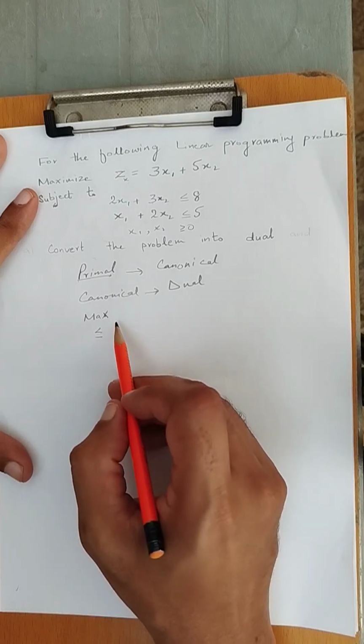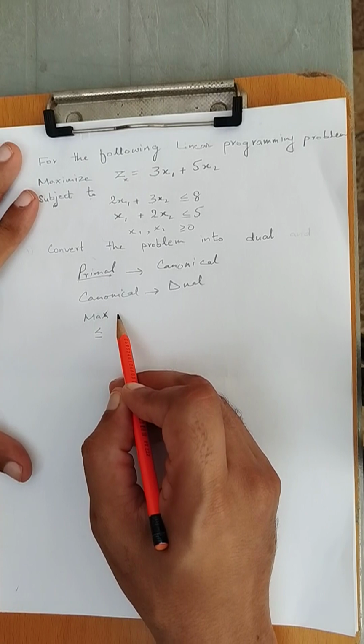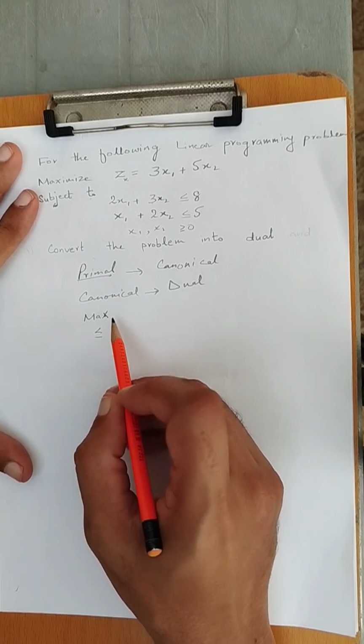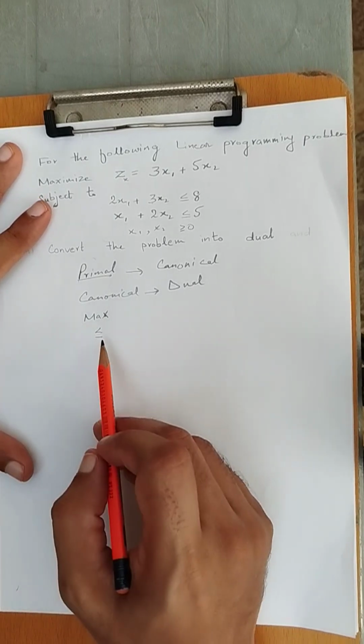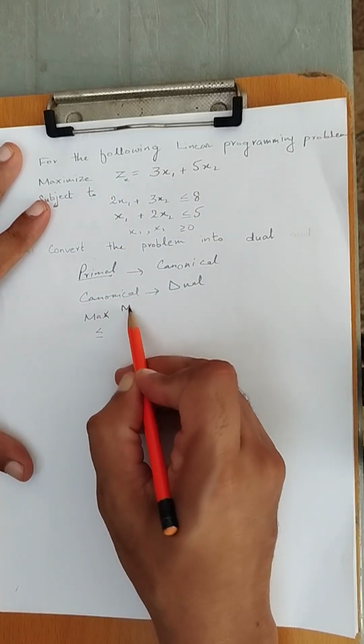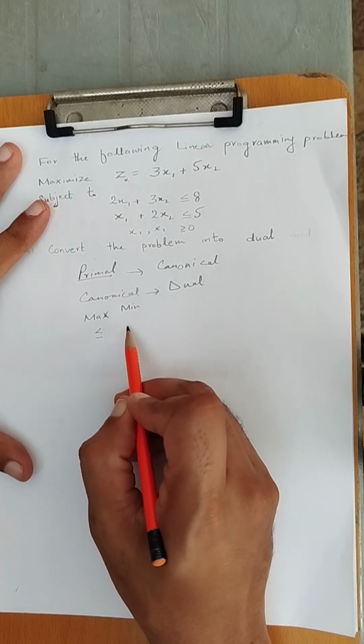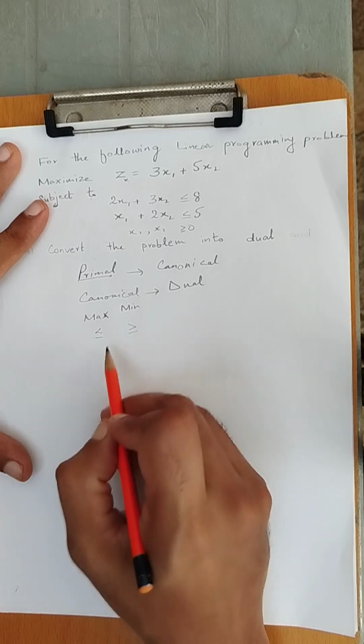And whenever the primal function is in minimization, if the primal is in minimization, it has to be in greater than or equal to.